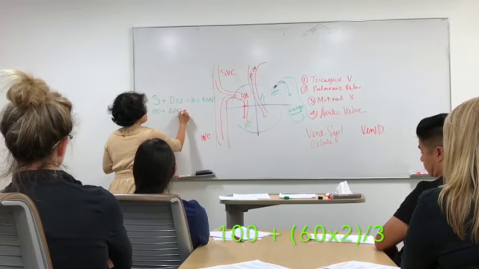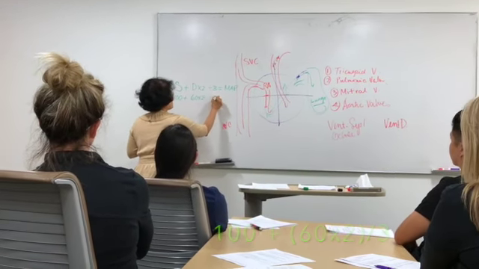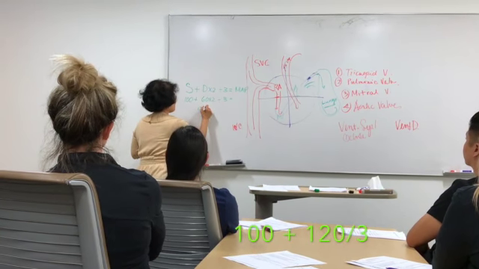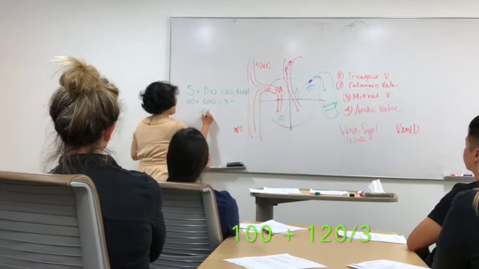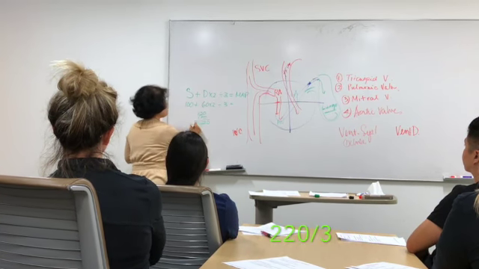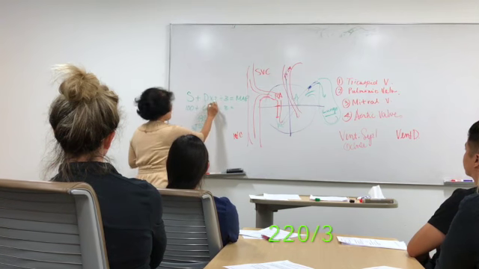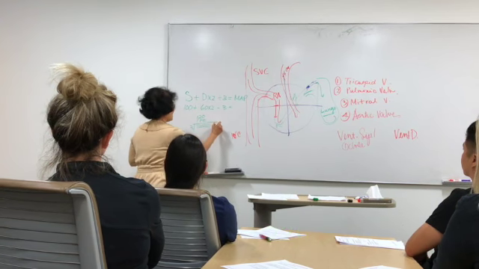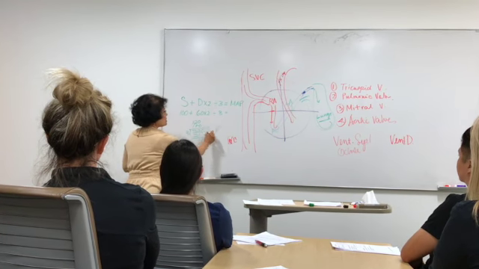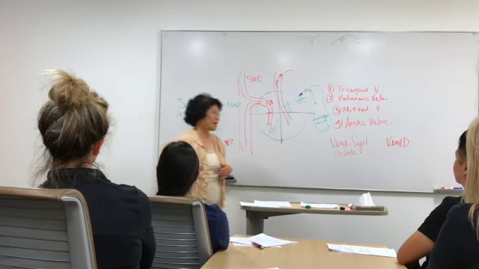Multiplied by 2 is 120, plus 100, that's 220, divided by 3. Do your math. So this is your MAP.